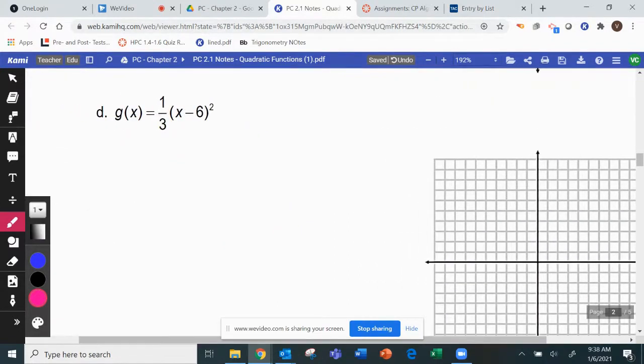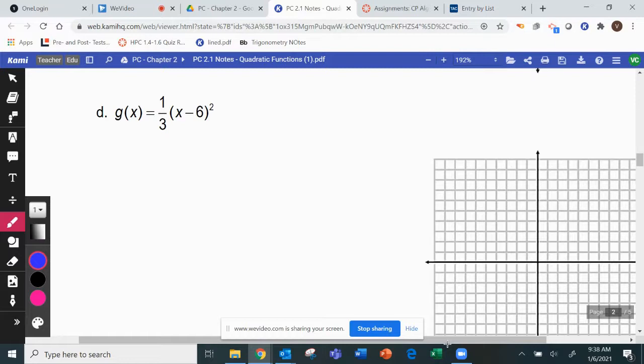If you've been listening to me do each of these, you should try to do it on your own and then check your answer. You can easily pause the video at this point to see if you can do it on your own. So transformations for this one, we've got a 1/3 in front.